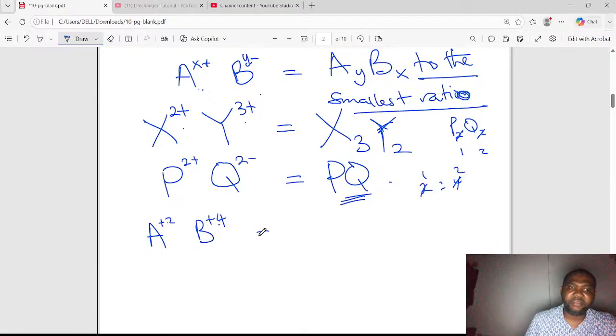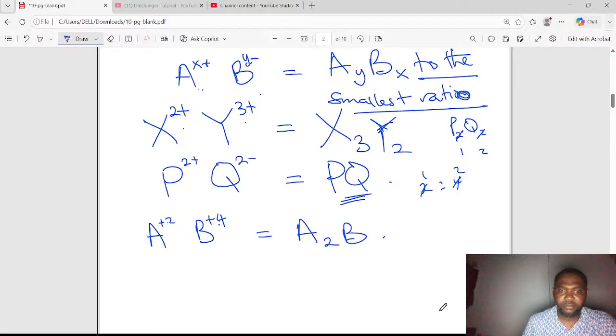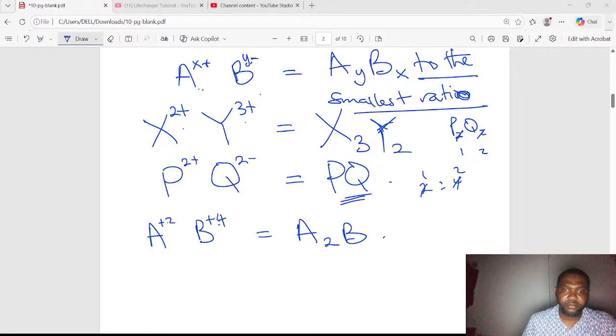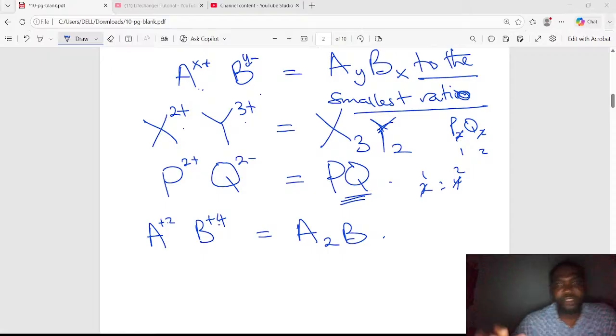So the exchange of valencies is going to give A to B. Okay, so that is how it works. To the smallest ratio.